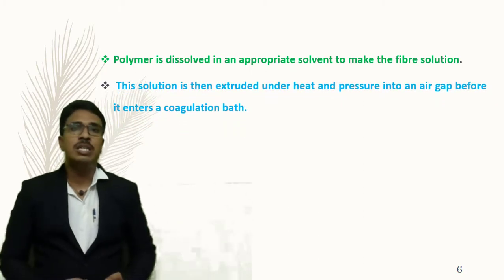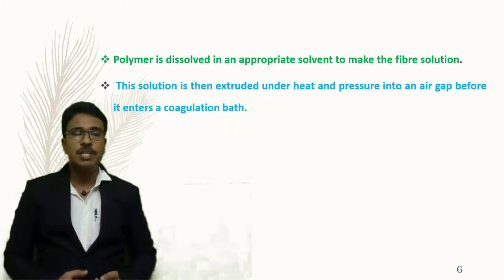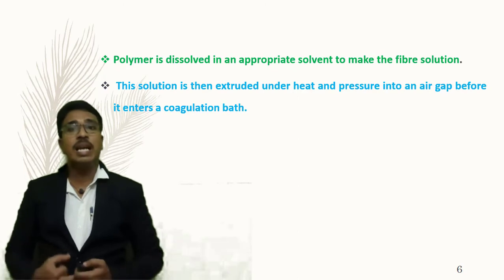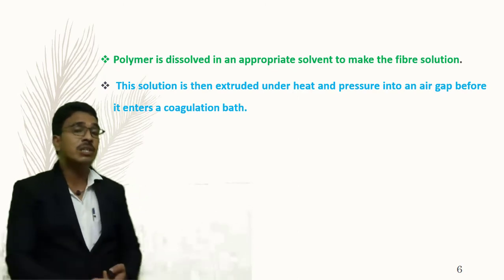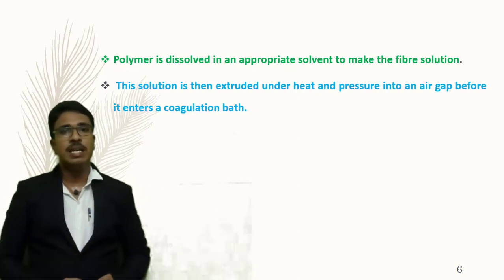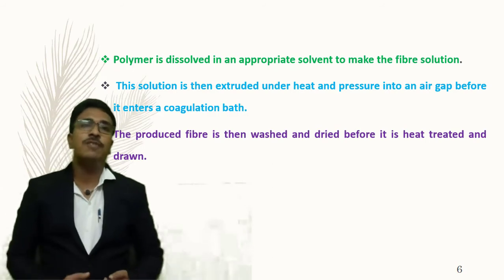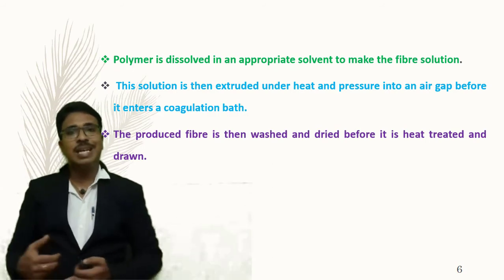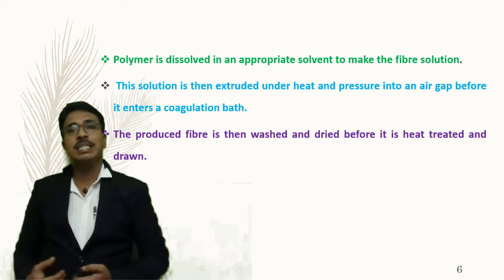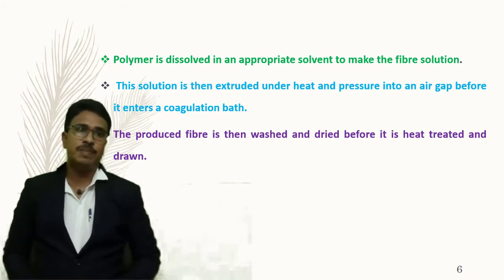And this solution is then extruded under heat and pressure into an air gap before it enters the coagulation bath. Understand? The produced fiber is then washed, dried, heat treated and then drawn.